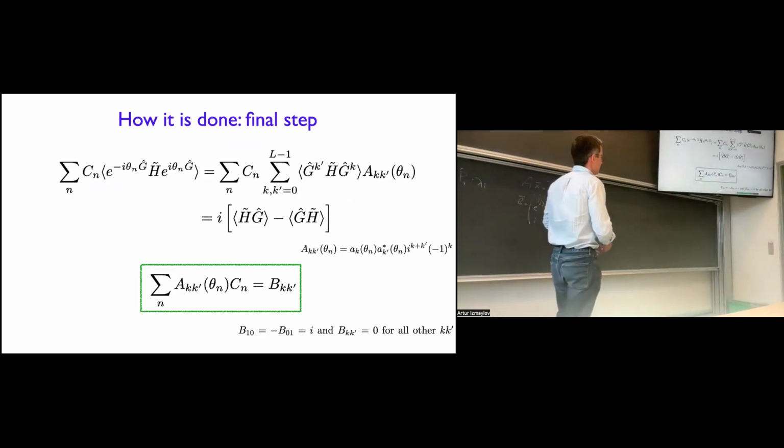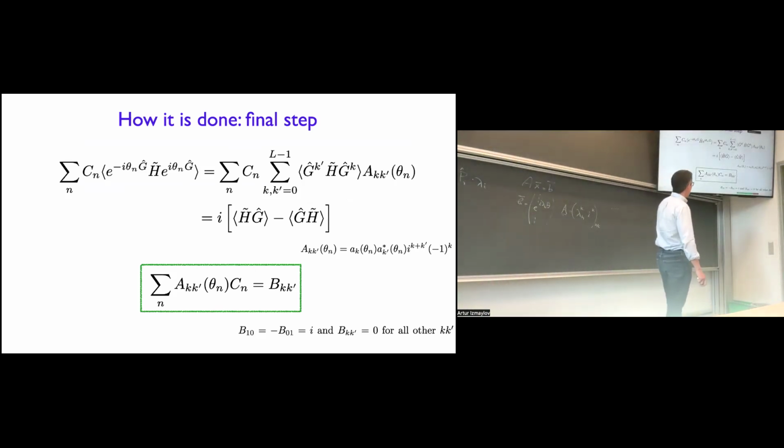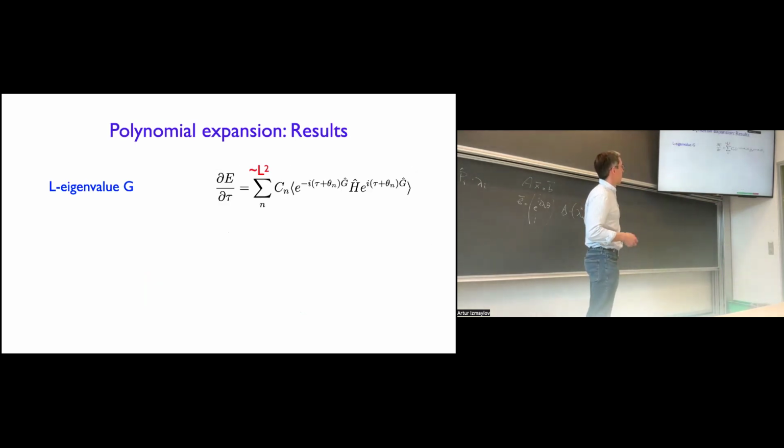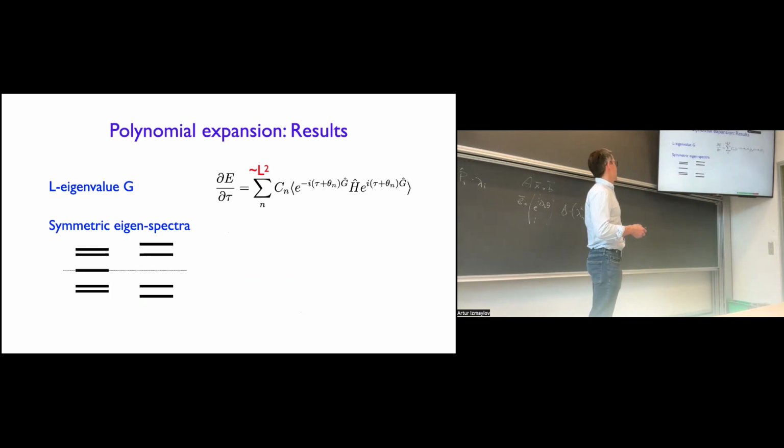With these b's, only 0,1 and 1,0 should be the constant i, and the others are 0. Then essentially we can get the coefficients.